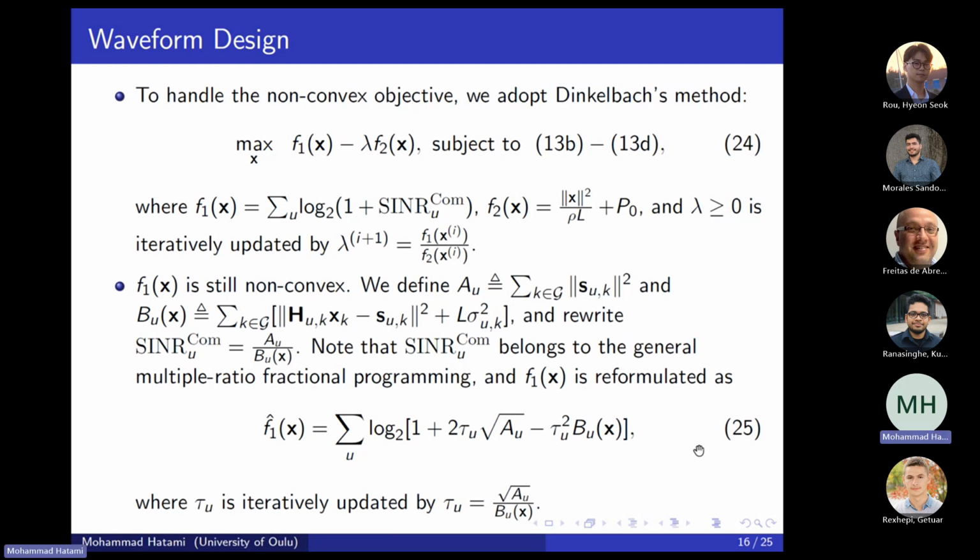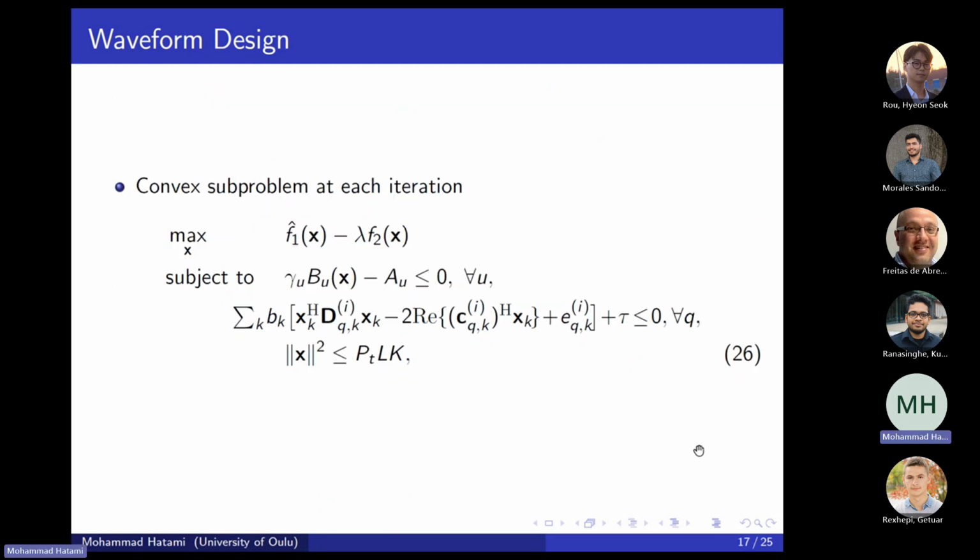So to sum up the waveform design, we find a waveform design iteratively, and in each iteration we solve this convex subproblem as shown in 26. For the objective function, we have used the Dinkelbach method and the sum of functions of fractional programming to deal with that one.